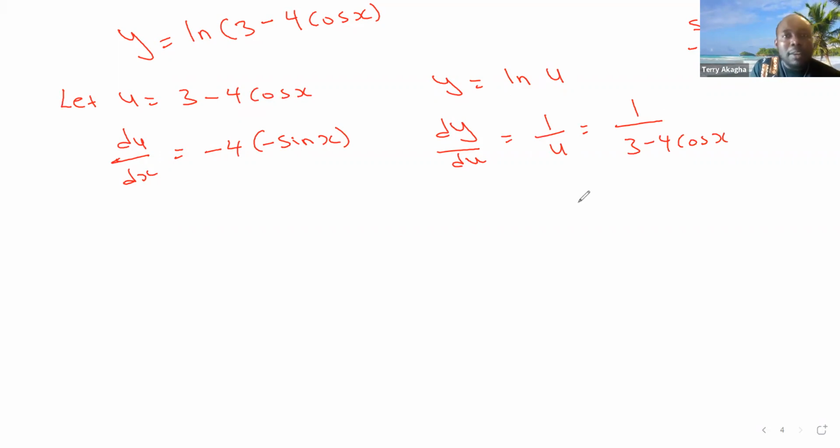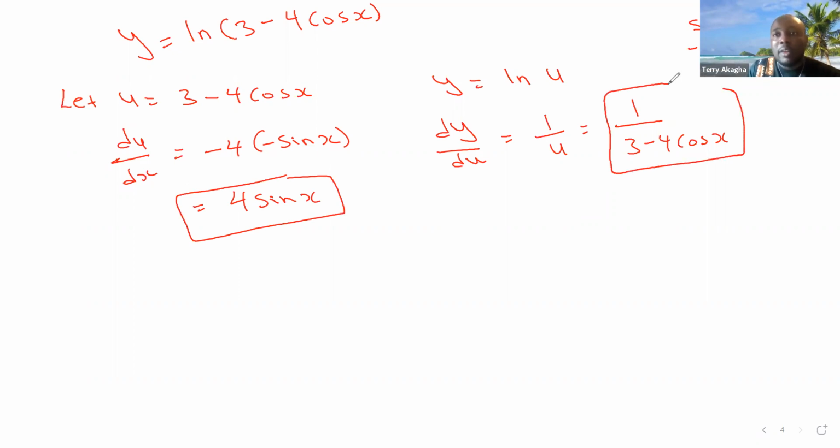But we can also simplify this one here. The value we have here, minus 4 times minus sine x, will give me 4 sine x. So that means du over dx is equal to 4 sine x, and dy over du is 1 over 3 minus 4 cos x. But we're looking for dy over what? dx, which will be equal to du over dx multiplied by dy over what? du.